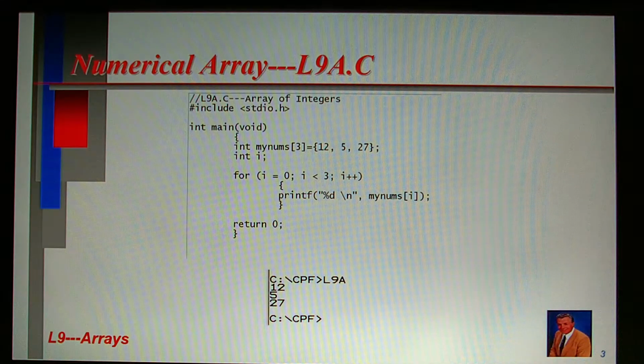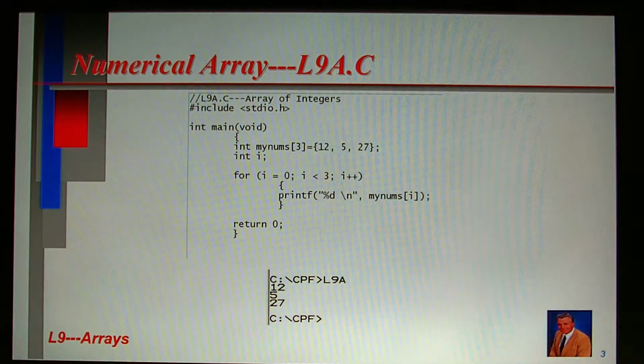The first line, /L9A.C dash array of integers, is a line comment specifying computer program model L9A.C as a program for processing an array of integers. The second line, #include <stdio.h>, includes the standard input-output function definitions, especially for the printf function call that will be used to display the results.